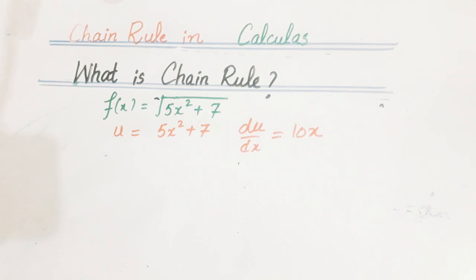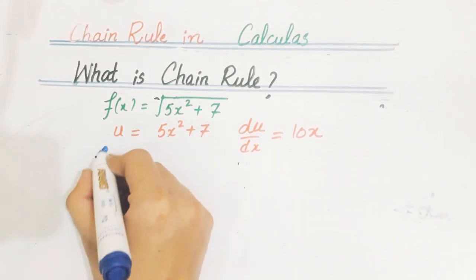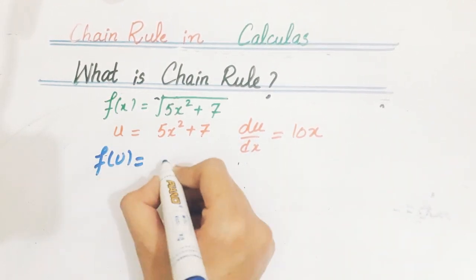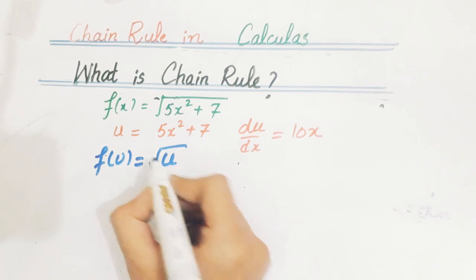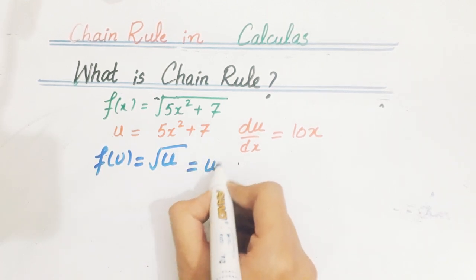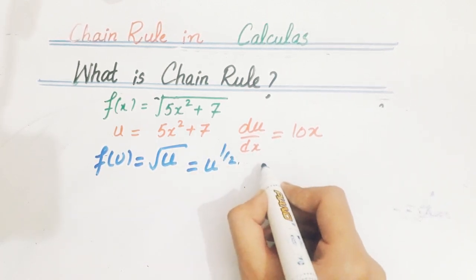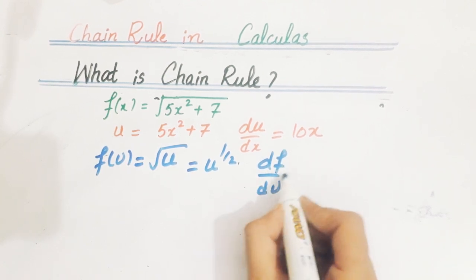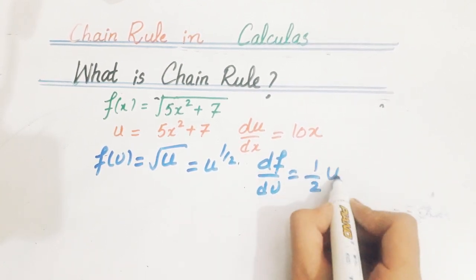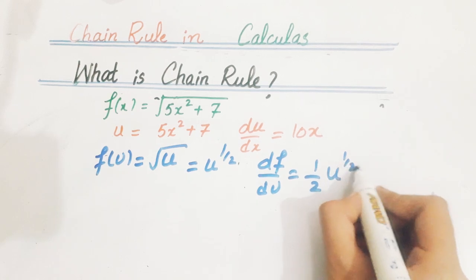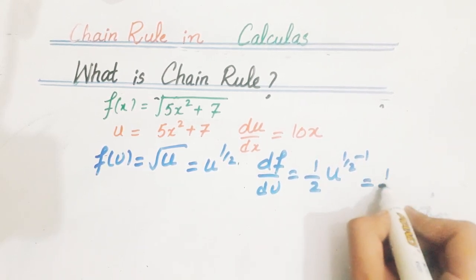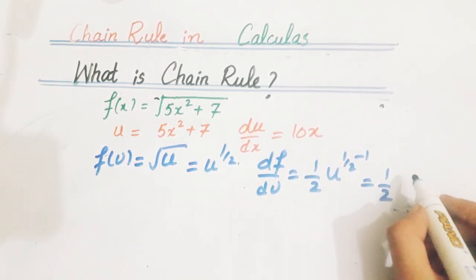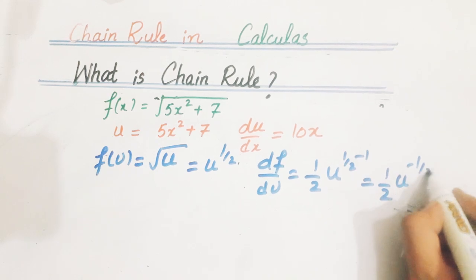Now consider the outer function, f of u equals u square root, which means u power 1 by 2. Now we will take df by du, that will equal 1 by 2 u power 1 by 2 minus 1, and this equals 1 by 2 u power minus 1 by 2.